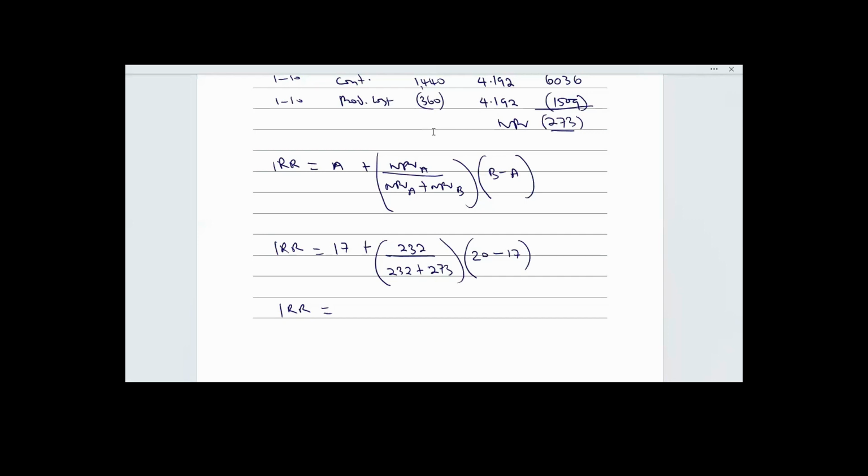What's the final answer? 232 divided by 505 equals, multiply by 3 equals, plus 17 equals. That's 18.38.